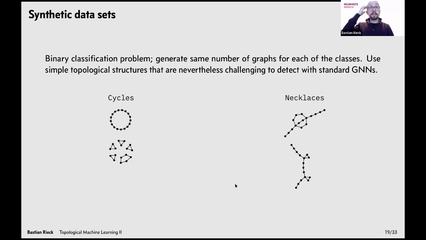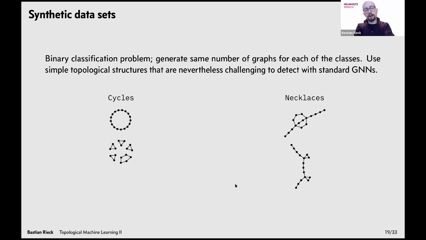And to test this, we of course started out with some synthetic data sets, because it's really important in the beginning stages of any project to understand what your method could be doing if everything was nice and if the universe was a perfectly nice and just place.